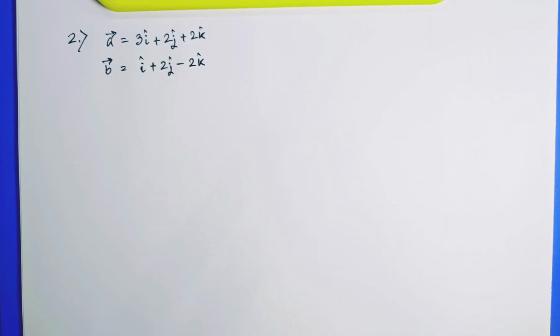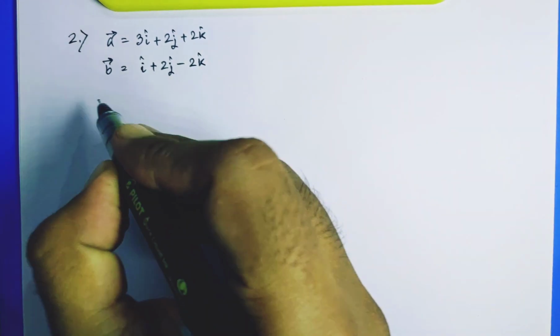So here two vectors are given, a and b vector, and we have to find a unit vector perpendicular to each of the vectors a plus b and a minus b.